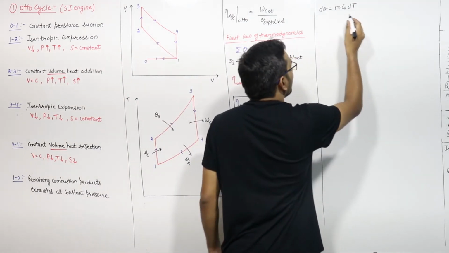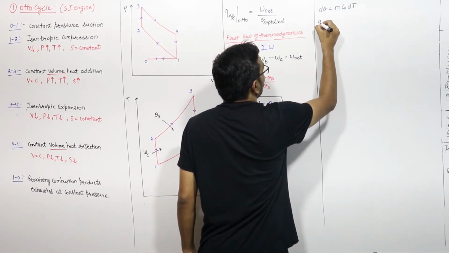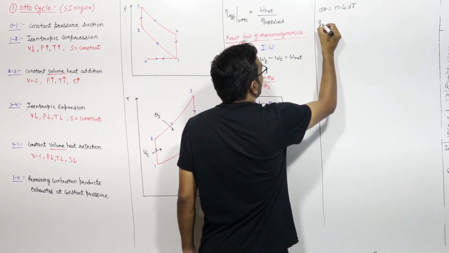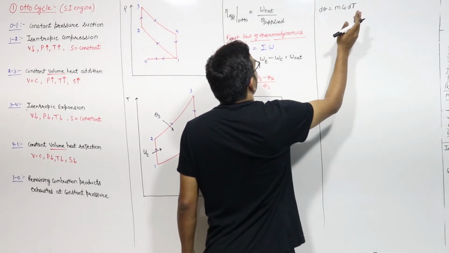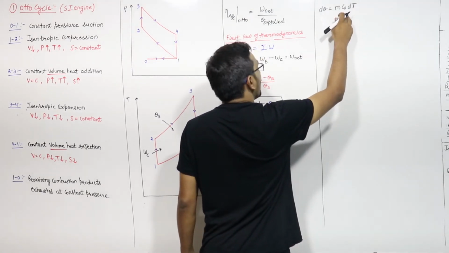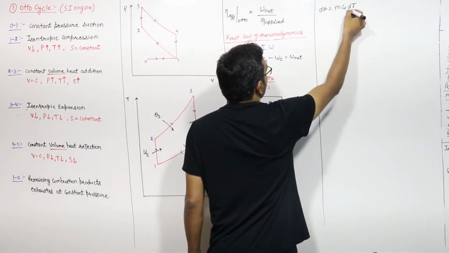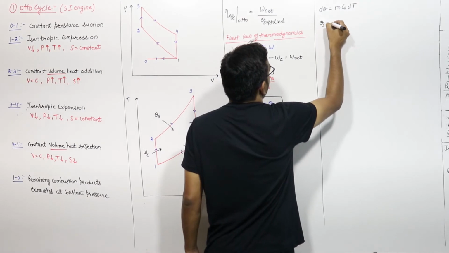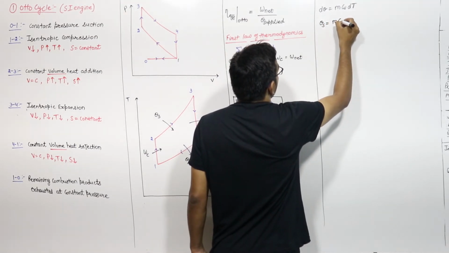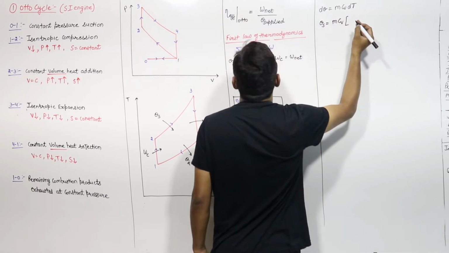So from here, if I integrate this, the heat supply will be equal to, mass is constant because it's a closed system, Cv is constant, we assume cold air assumptions, and if I integrate this, then we get that the heat supply will be equal to mass of the mixture into Cv into dT.